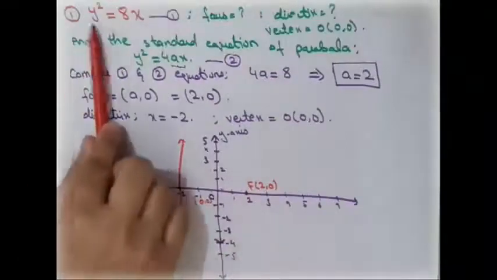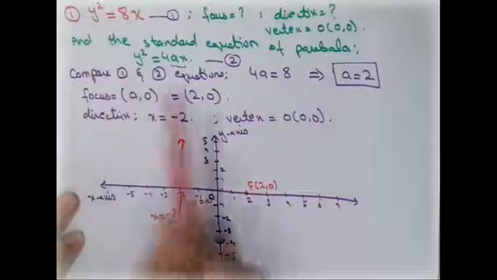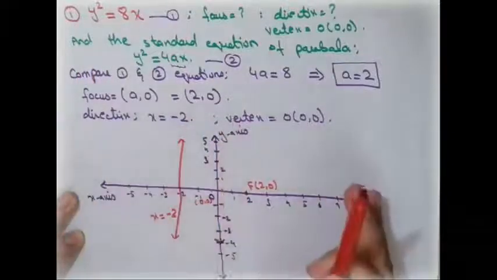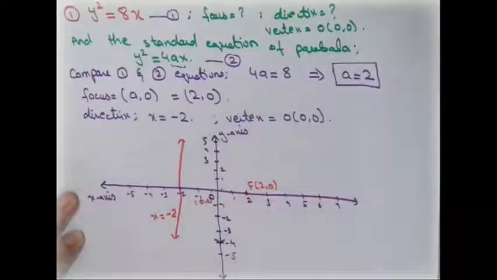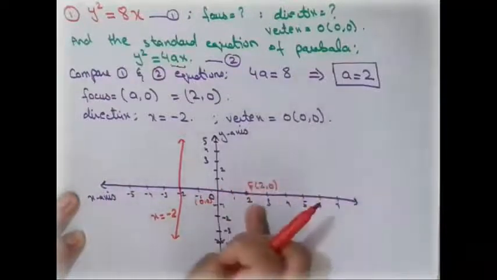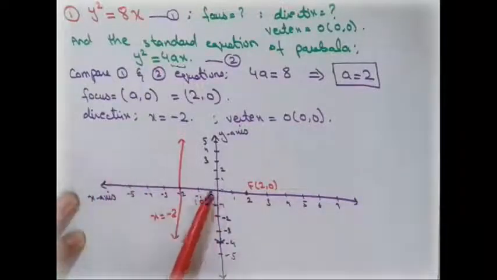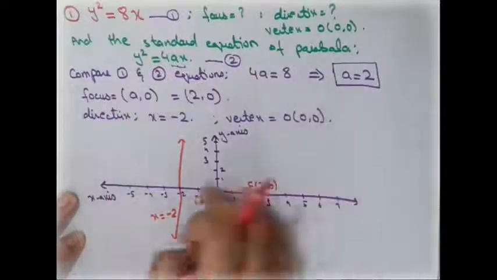The given equation reveals the fact that the parabola opens on our right side, since the value of a is positive. The parabola opens towards the focus and away from the directrix line, meaning the parabola doesn't open on this side. So we need to find points to plot the graph.